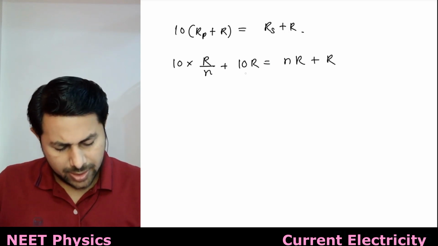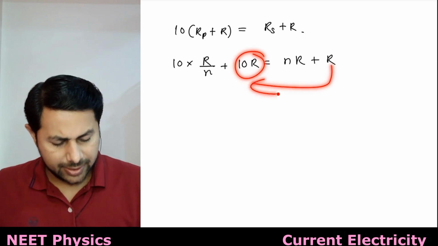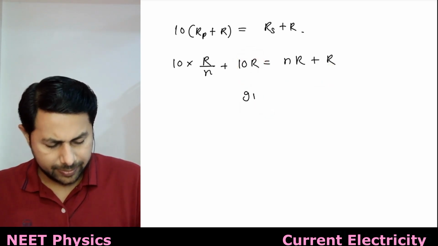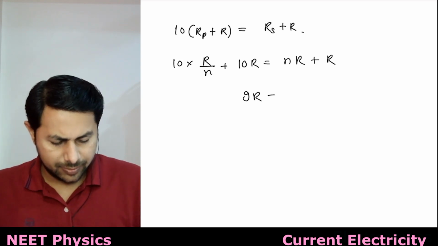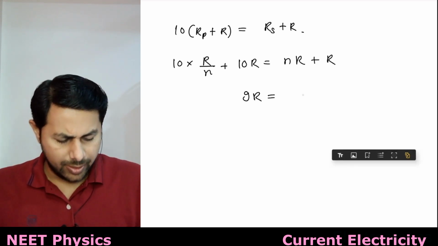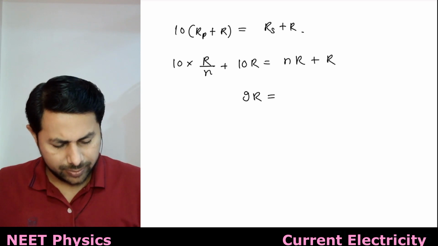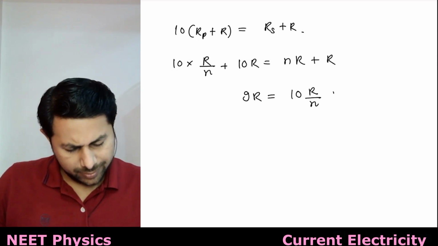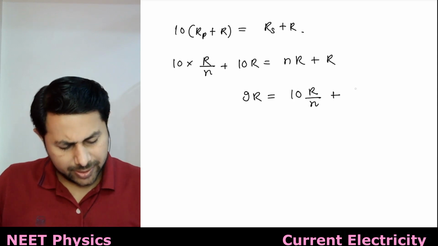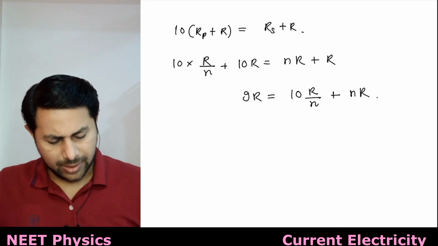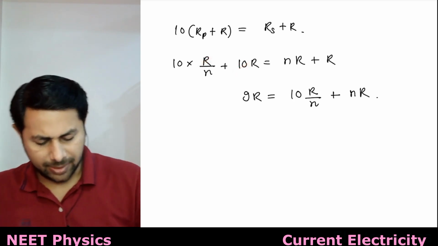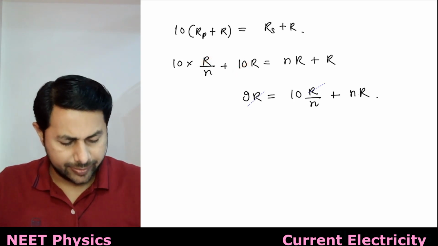So take this R on this side, so it will be 9R. So 9R is equal to 10 times R by n plus nR. Actually you could cancel out R in the earlier step itself, but let's cancel it out now.